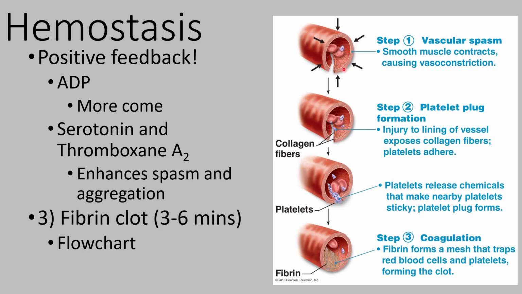It's going to cause the blood vessel to squeeze even tighter, squeezing this plug even tighter, and causing less blood to come to the area. Thromboxane A2 causes even more platelets to come to the area and get stuck in that growing platelet plug.